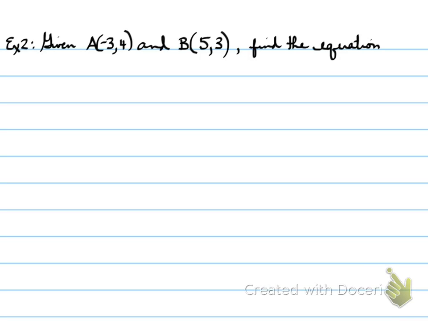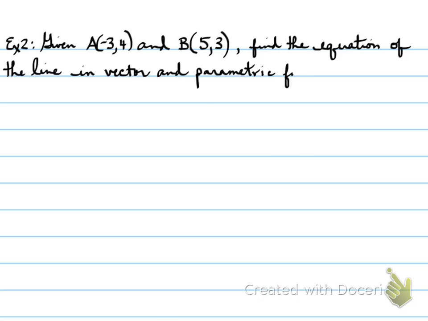All right. Example number 2, you're given A is (-3, 4) and B is (5, 3). You're asked to find the equation of the line in vector and parametric form. So, how are we going to do that? Well, first you need the direction vector.